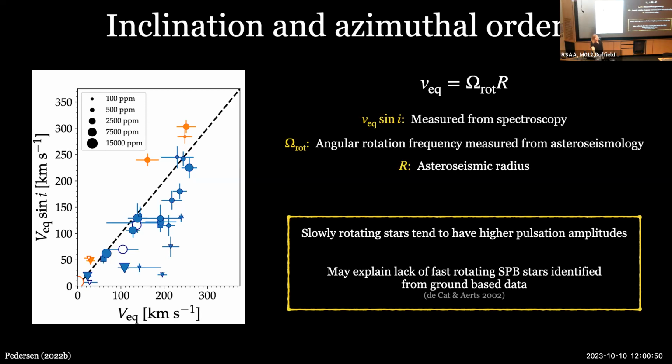Yes, in this case, we assume solid body rotation, but you can also see there are some cases, these orange ones, where we're running into issues where the v sin i is higher than the equatorial velocity, so that should not really be possible. So that might be cases where differential rotation is an issue, or also pulsations broaden the spectroscopic lines.